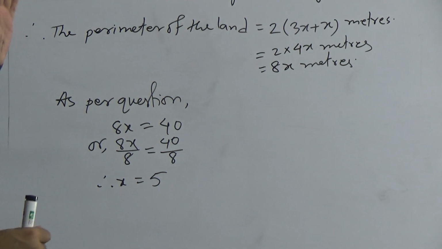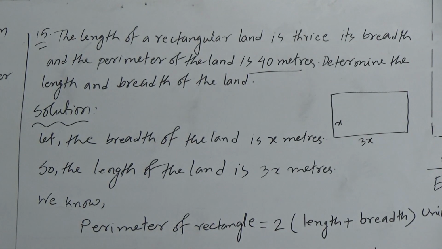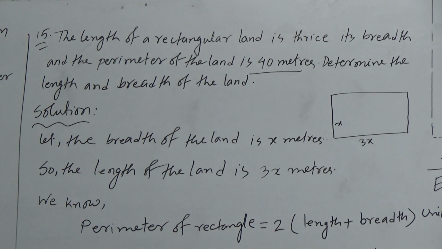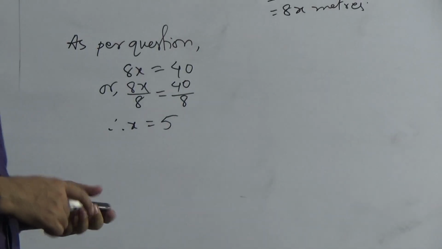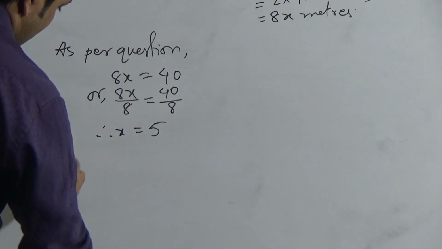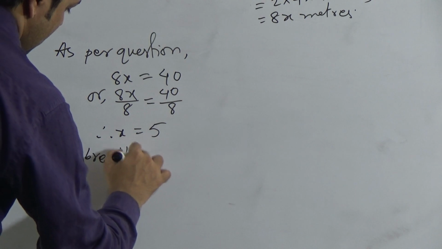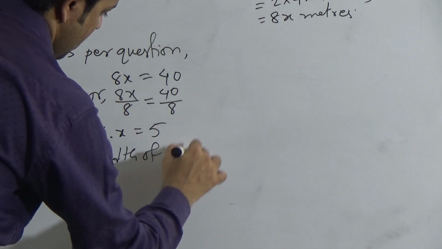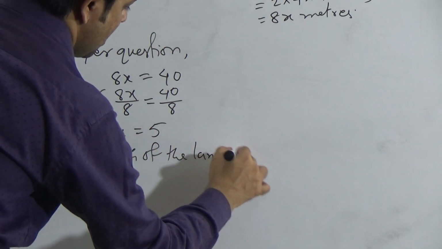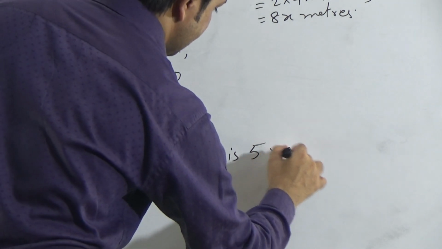Okay, dear students, our question is determine the length and breadth of the land. Here the breadth of the land is 5. Therefore, the breadth of the land is 5 meters.